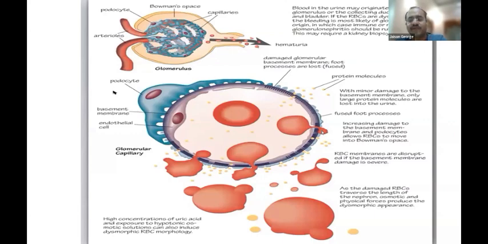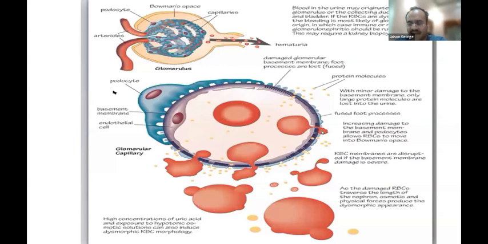Now, let's see how these dysmorphic RBCs are formed. Glomerular diseases result in damage of basement membrane and podocytes, and it causes these RBCs to move into the Bowman space. As these RBCs pass through the damaged glomerular basement membrane, there are several osmotic and physical forces which alter the shape of these RBCs and cause a dysmorphic appearance.